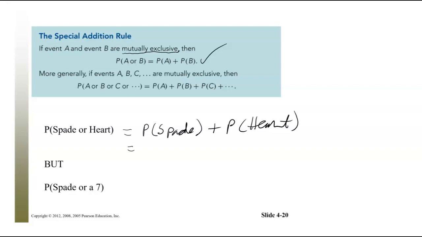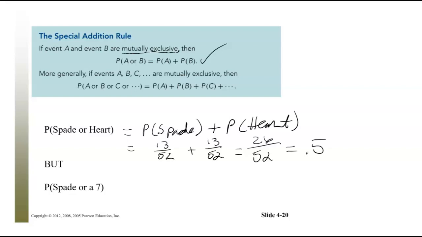Probability of a spade, as I said, there's 13 out of a deck of cards. That's 13 out of 52. Well, there's also 13 hearts, so that's another 13 out of 52. If you remember how to add your fractions, common denominator, just add up the numerator. And 26 out of 52 is 0.5. There, we just used the special addition rule for mutually exclusive events.